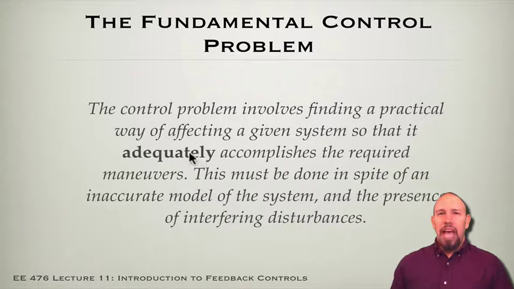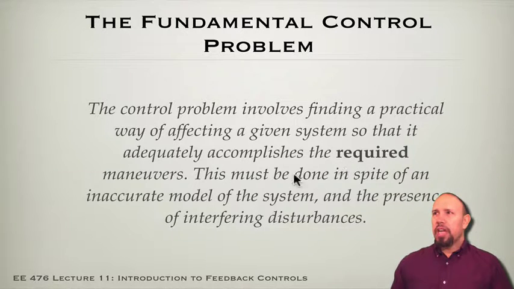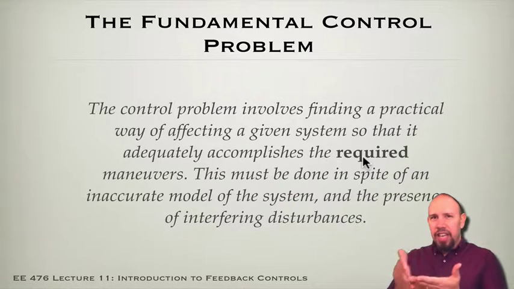Okay, and so affecting a system so that it adequately. When we talk about adequate, there needs to be some kind of measure of what constitutes adequate. So we need to talk about some of these issues. Accomplishes the required maneuver. Oftentimes when you have a design problem, you have design requirements. That is, it has to meet these certain things. It has to do this.